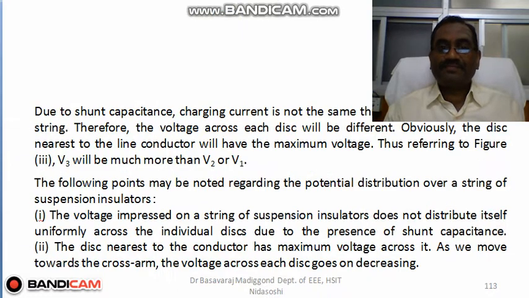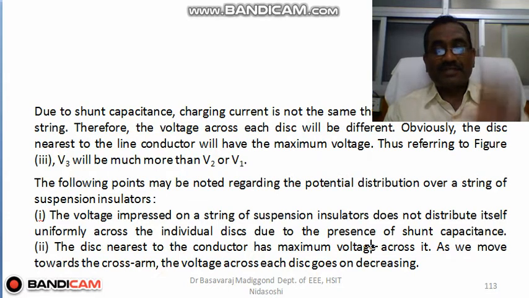So we will note some of the points here for the string of suspension insulator. The first point is the voltage impressed on a string of suspension insulator does not distribute itself uniformly across the individual discs due to the presence of shunt capacitance.